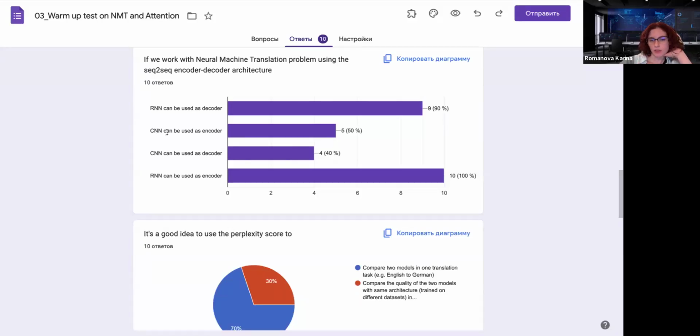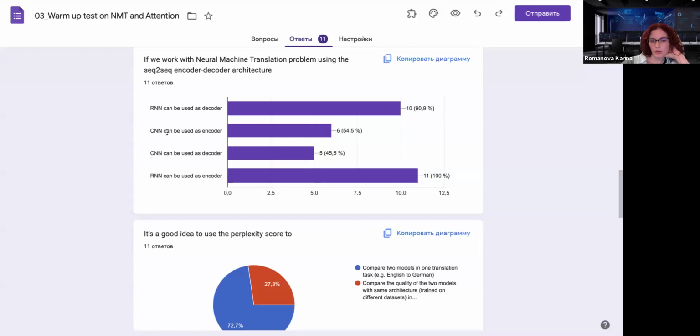The second one was about convolutional networks, and we can use them in the encoder part, particularly in machine translation. We use them sometimes because they are capable of capturing hierarchical structures in the input text. So we can do this.